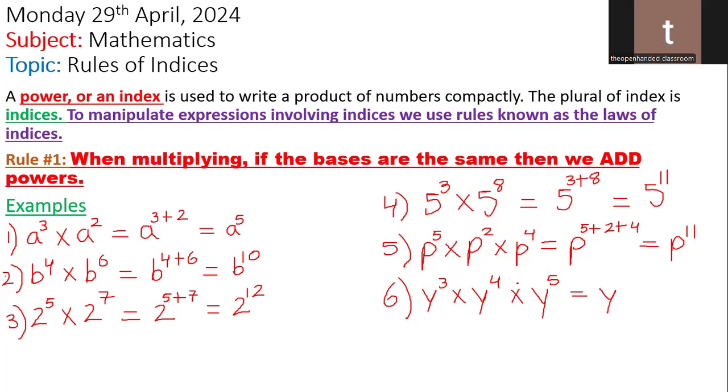So we have to say y to the power of 3 plus 4 plus 5, which is going to be equal to what? 3 plus 4 is 7, plus 5 is, you said 12? Yes, sir. Good. So 7, 8, 9, 10, 11, 12.